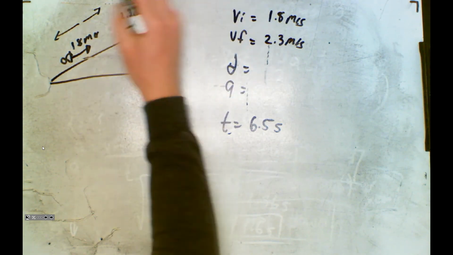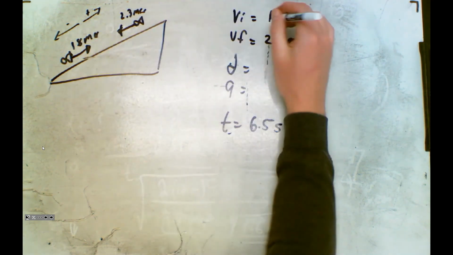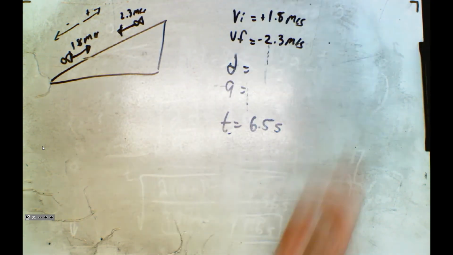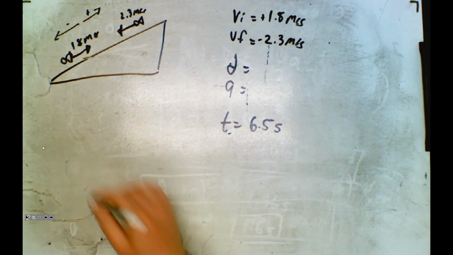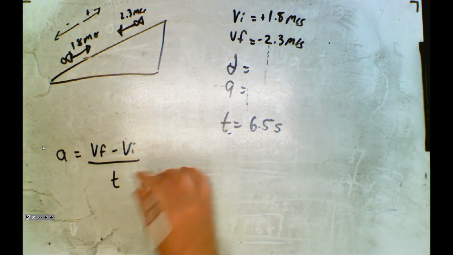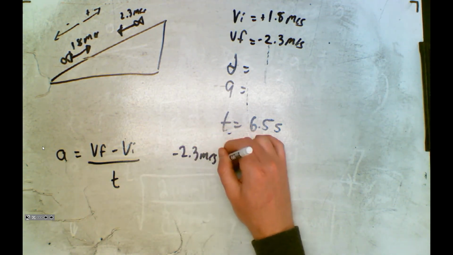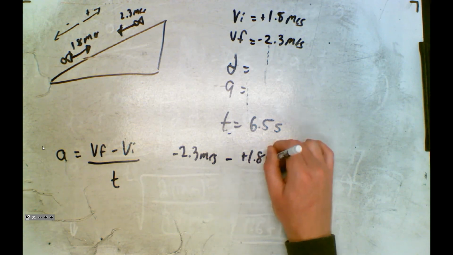It doesn't matter which one is which. So I'll make this positive, this negative. So initially it has a positive velocity, and finally it has a negative velocity because it's down the hill. We use acceleration equals final minus initial all over time. So my final speed is negative 2.3 meters per second, and my initial speed is positive 1.8 meters per second.